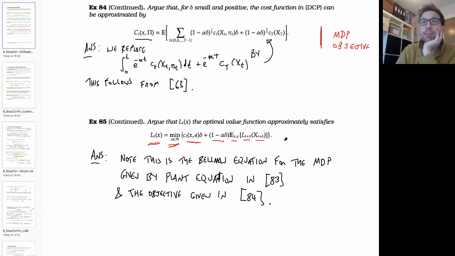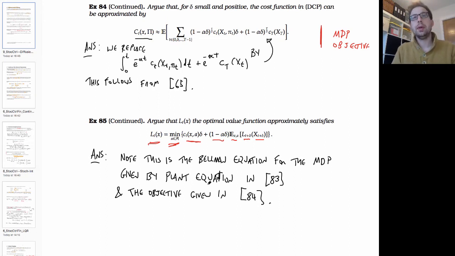So now we see that we essentially have this Bellman equation with some deltas in. That gives a good approximation. As delta gets smaller and smaller, it should give us a better and better approximation to what the optimality condition should be for this diffusion control problem.